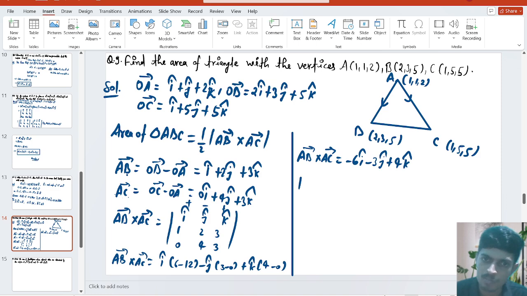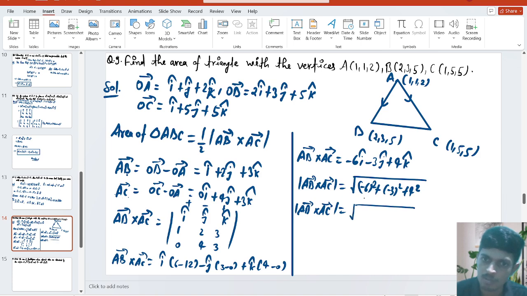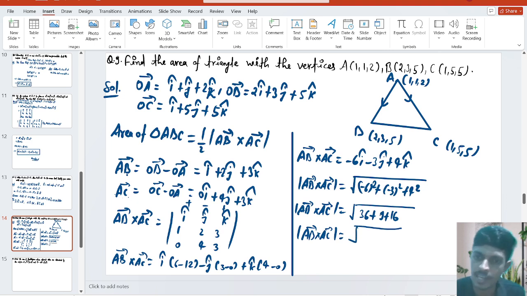Taking the modulus, vector AB cross vector AC is equal to the square root of minus 6 whole squared plus minus 3 whole squared plus 4 whole squared, which is the square root of 36 plus 9 plus 16. Adding, 36 and 9 is 45, and 16 makes 61. So this is the square root of 61.